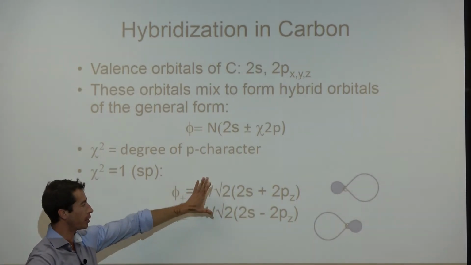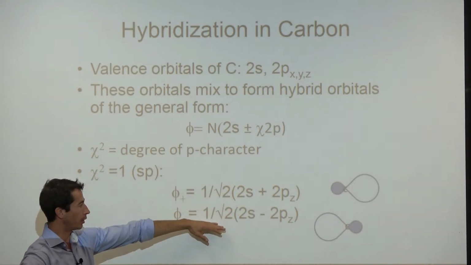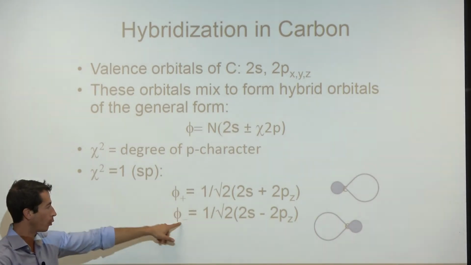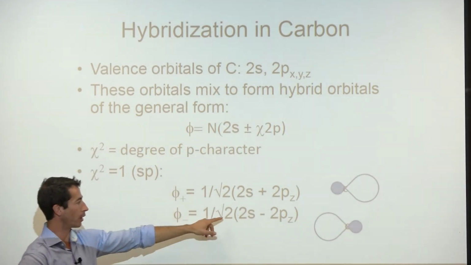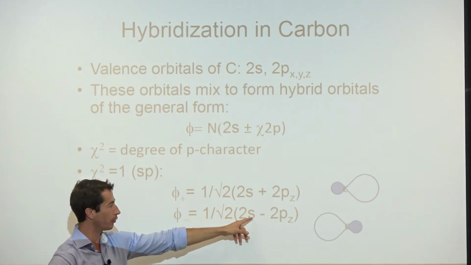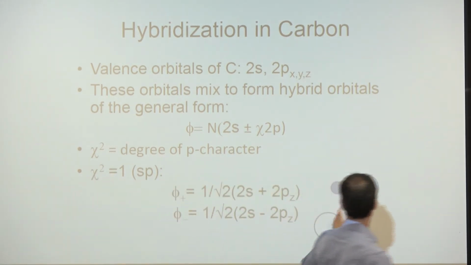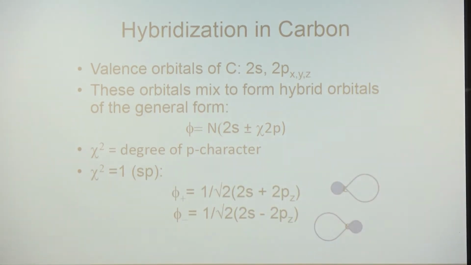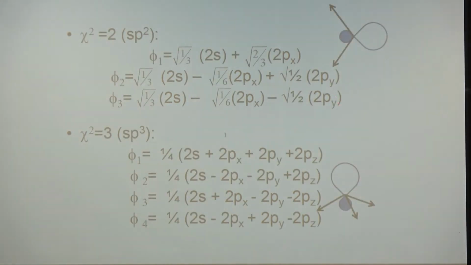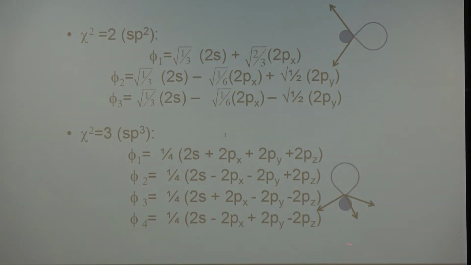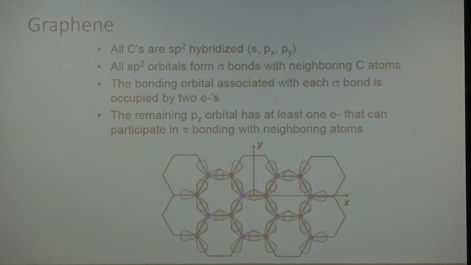So this is for an sp system. And we realized that the sp orbitals were a combination of the s orbital and then the positive and negative lobes of the respective z orbitals, okay? And then we saw this as well for an sp2 system, sp3 system, right? So this is all review.